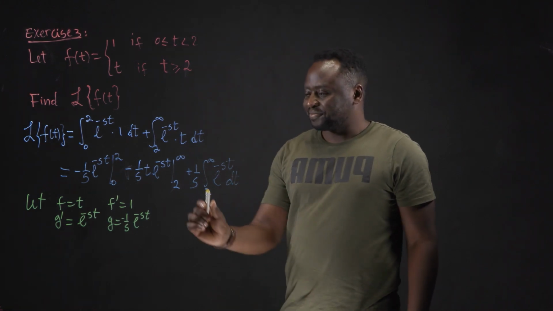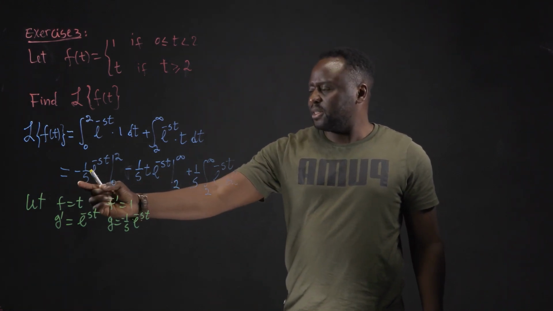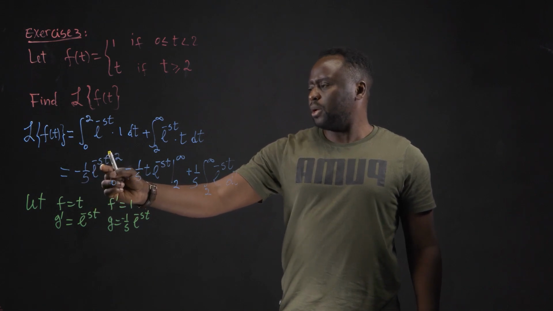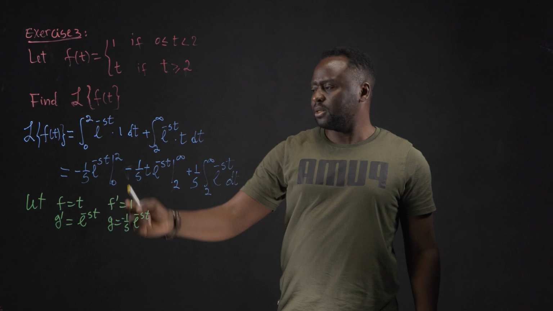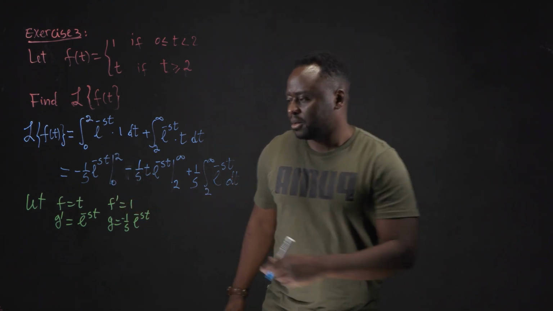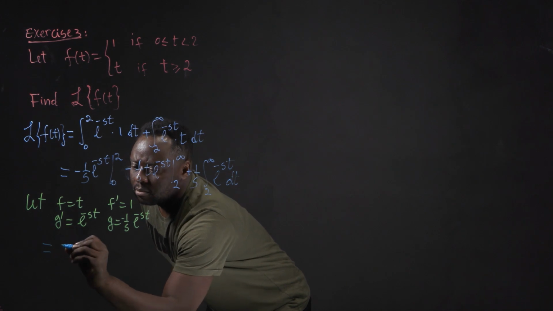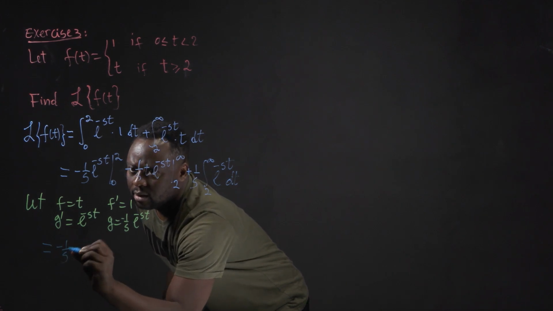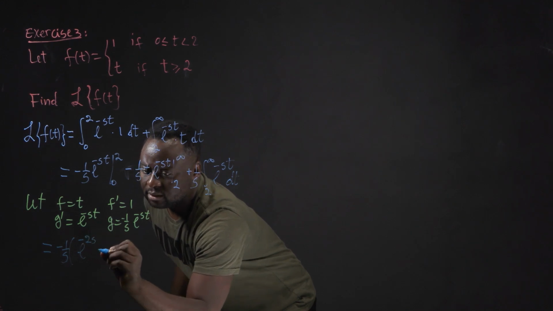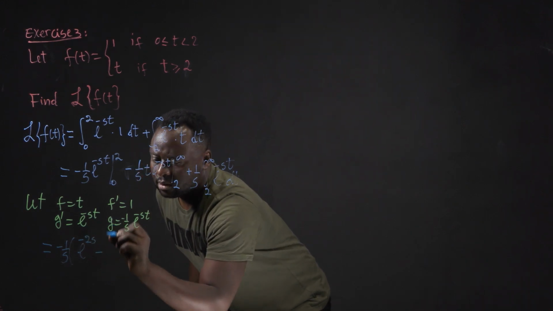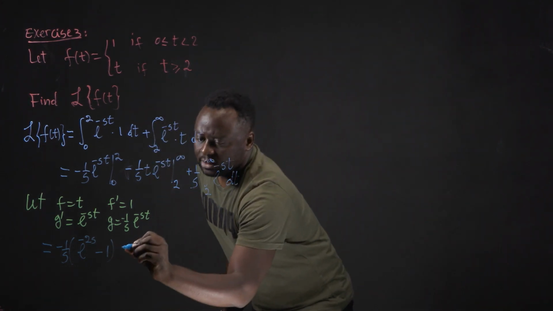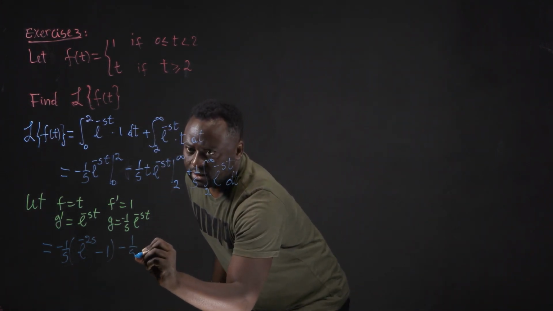All right, here in this integral, when t becomes 2, we have e to the power minus 2s, and when t is 0, it is e to the power 0, and that's 1. So this becomes minus 1 over s, first limit, e to the power minus 2s minus 1. For the second part, it is minus 1 over s.